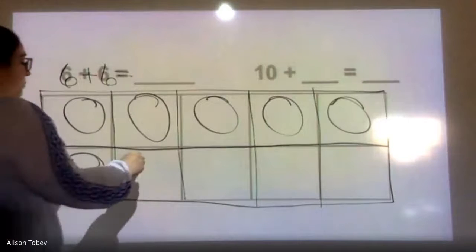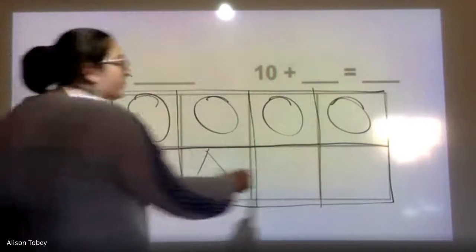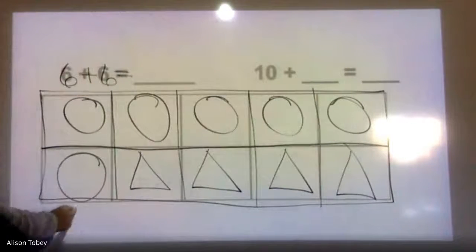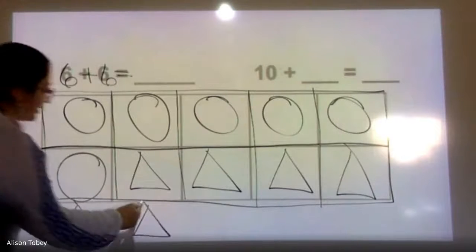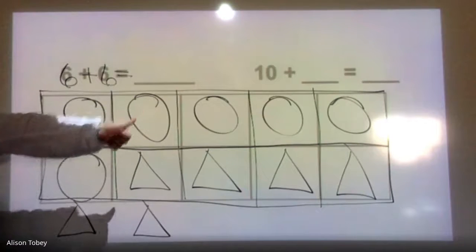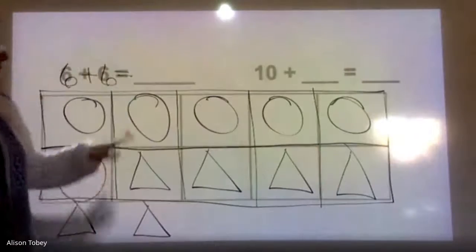Ready? 1 triangle, 2 triangle, 3, 4, 5, 6. 6 triangles. Let me know when you're done with that part. Thumbs up, pencils up.